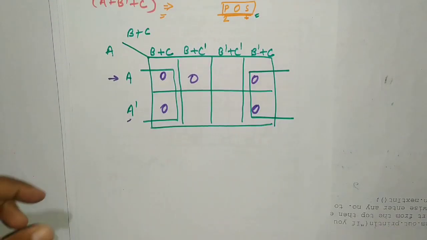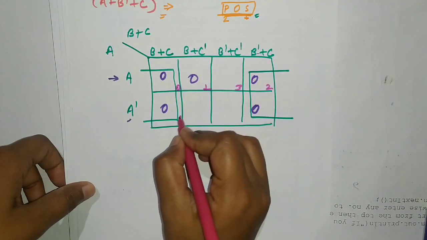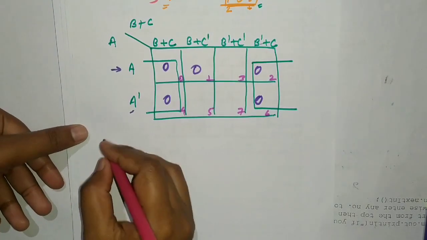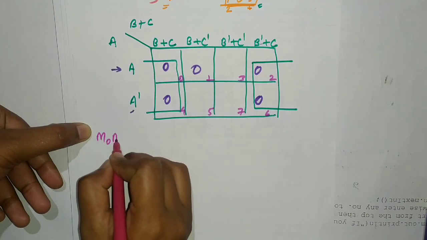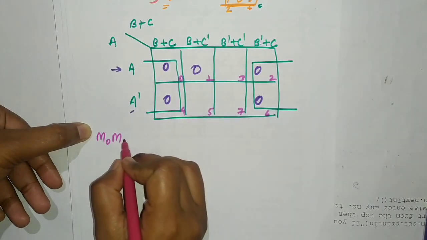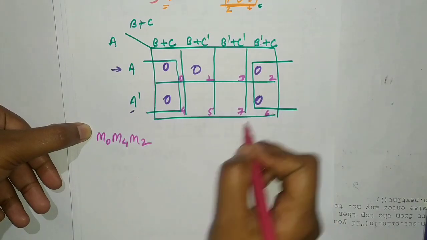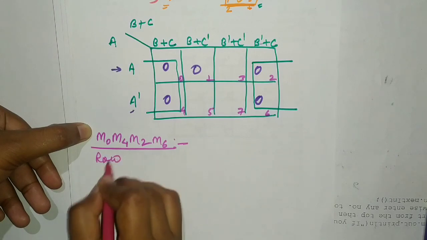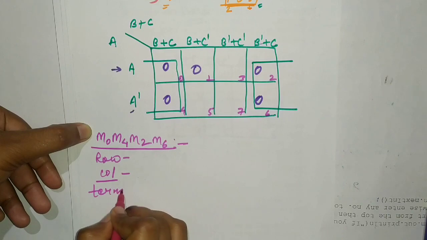This is the quad, that means the values 0, 1, 2, 3, 4, 5, 6 or 7. So let's write the terms of this: m0, m4, this one is m2 and m6.